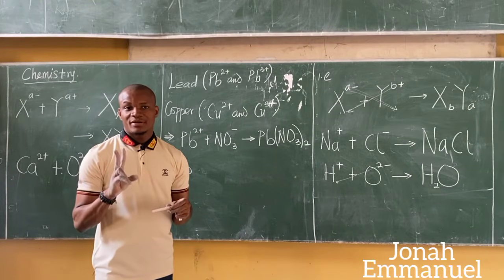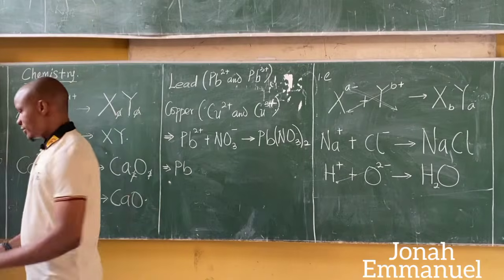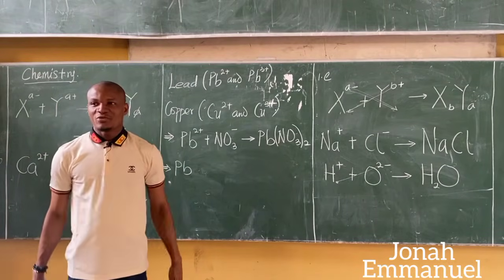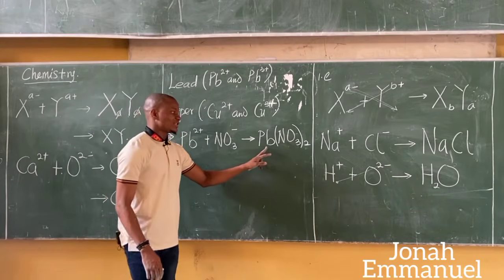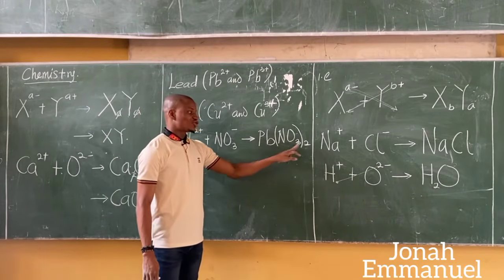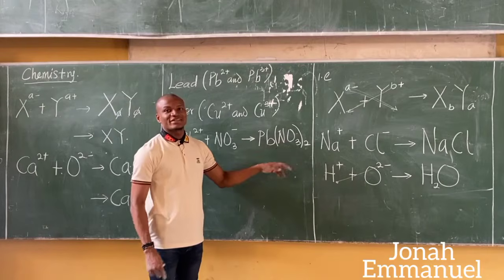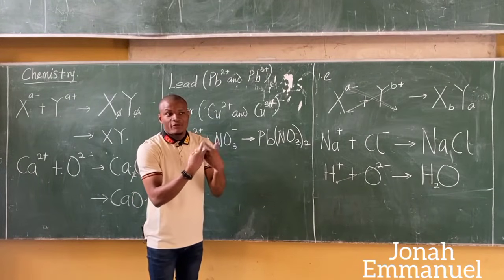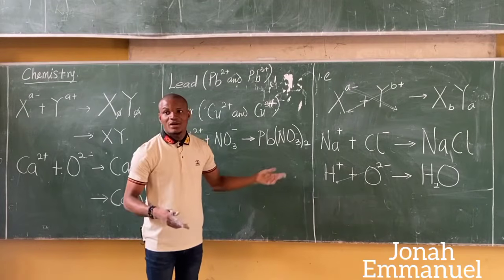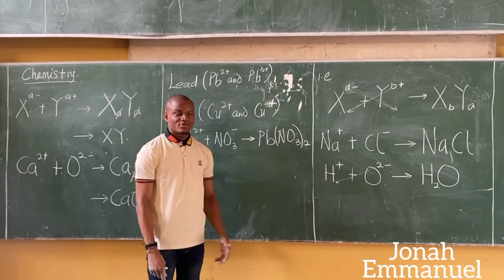The 2 cancel. Alright, look at how to name. See, if I'm asked to name this now: this is lead 2 trioxonitrate. Trioxonitrate what? Is it trioxonitrate 5? Is it 4? Is it 7? How do I know? I'll show you the next class.